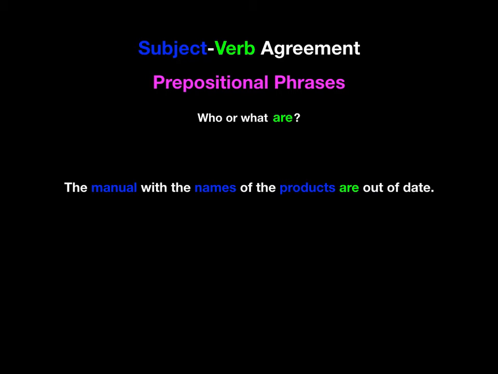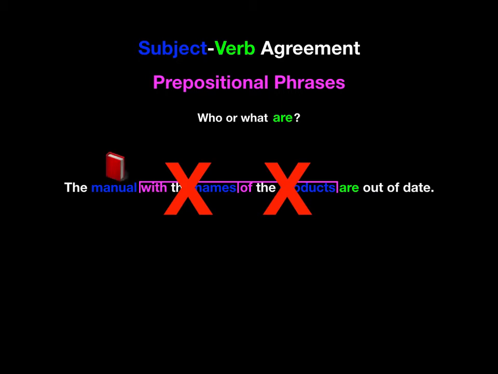However, when we begin analyzing the sentence further, we'll note that there are two prepositions, with and of. This means that there are prepositional phrases that run from with to names and from of to products. Since these are prepositional phrases, we know that our subject cannot be names and cannot be products, leaving just manual as our subject.